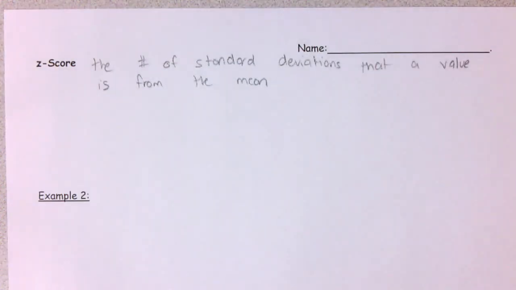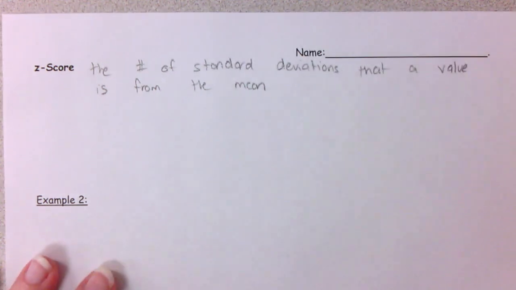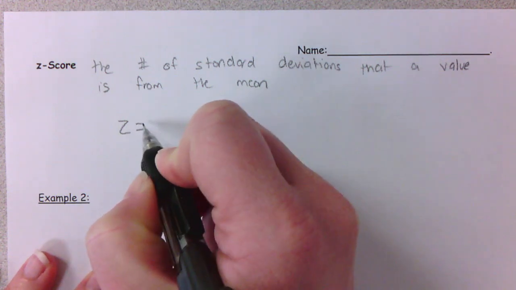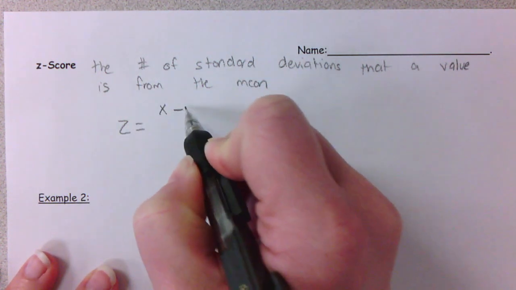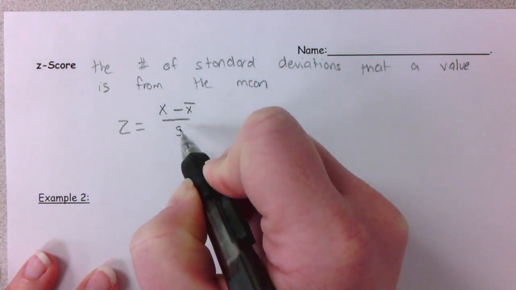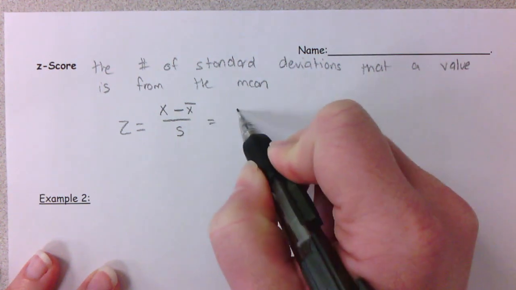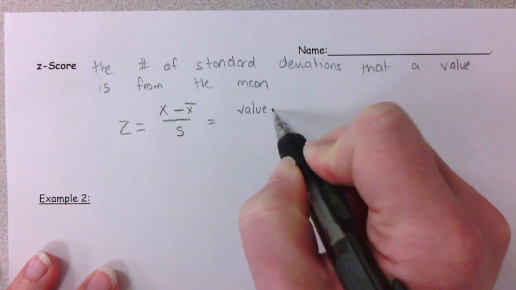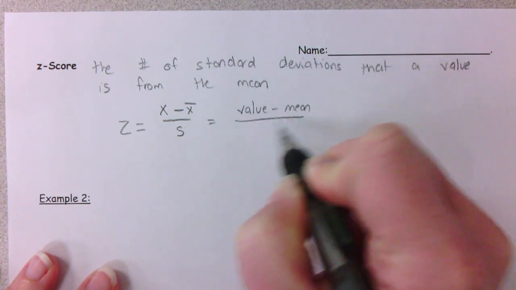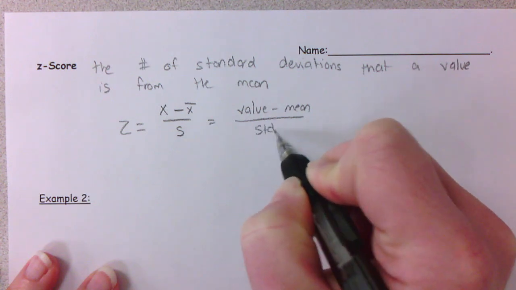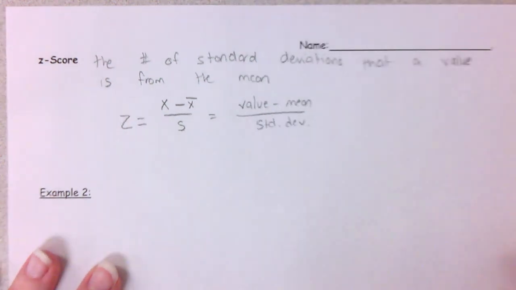So we want to know how far things are from the mean because the mean is the middle of my data, right? If it's closer to the mean, it's more accurate than if it's further away. So z is going to equal x, the value, minus x bar over s. Okay, so it's the value minus the mean over the standard deviation.